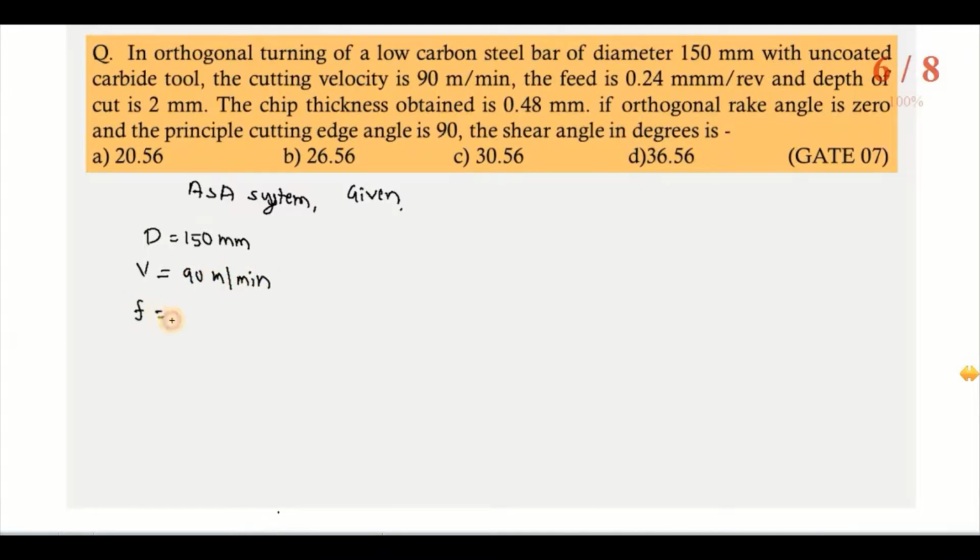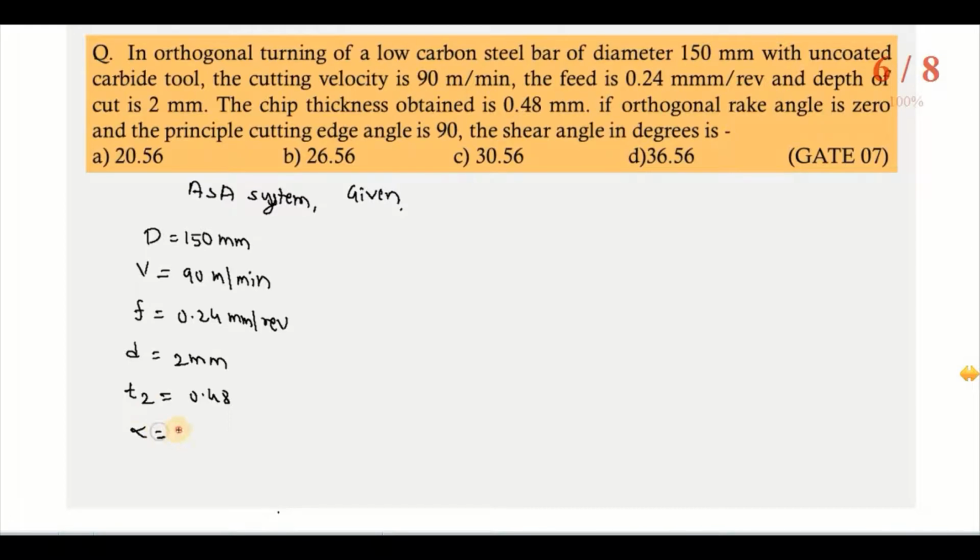Then feed is given, 0.24 mm per revolution. Depth of cut is given, 2 mm. Chip thickness means the T2 value is given, that is 0.48. Earlier we have seen that T2 is always greater than T1, that we will come to that point.